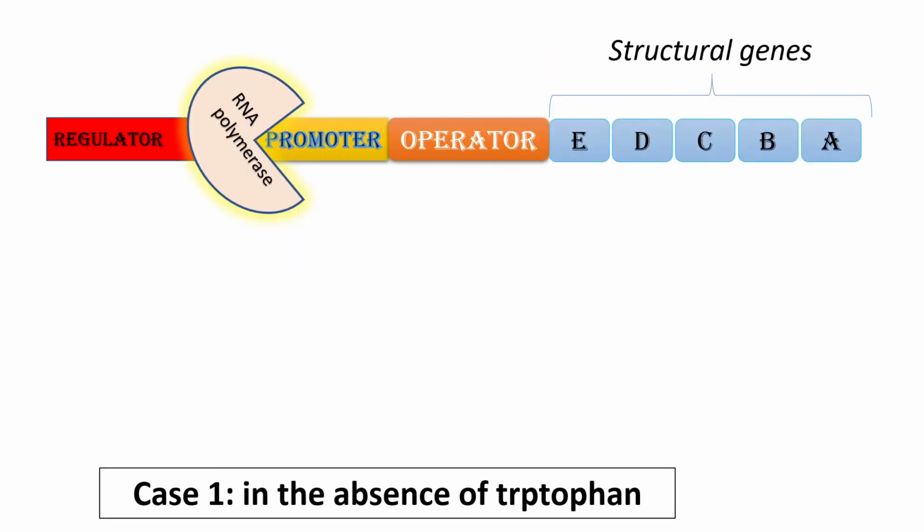Let's understand this. Suppose this is case 1. In the absence of tryptophan, what happens? The regulator protein synthesizes the repressor molecule, but since the repressor molecule is inactive, it binds with the operator region but has no effect of its own.